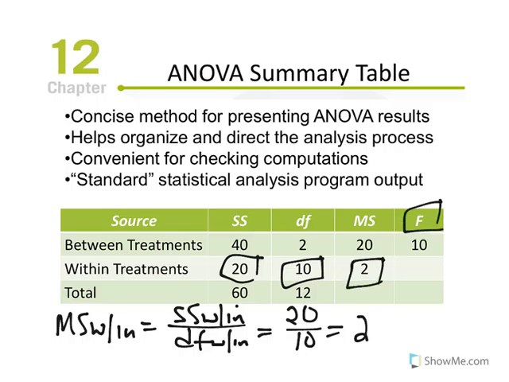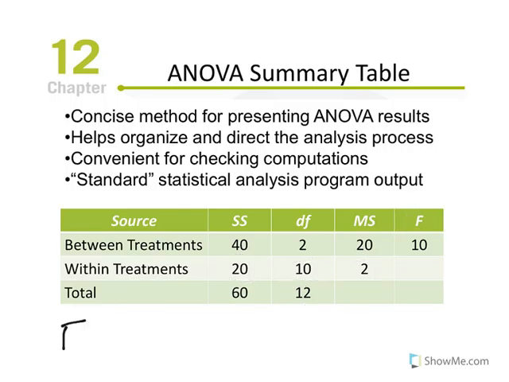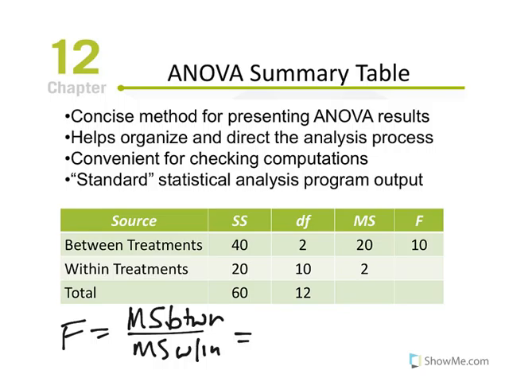And then finally, we learned that F is equal to MS between over MS within, and MS between is equal to 20, MS within equal to 2.